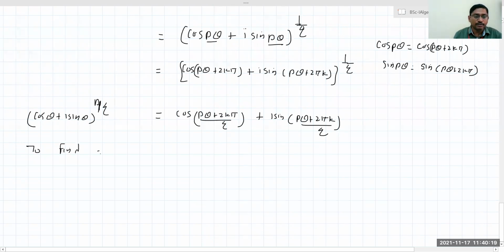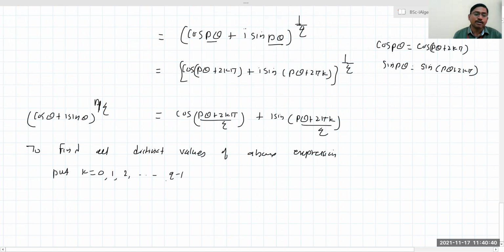How to find all values of this given expression? To find all distinct values of the above expression, we put k equal to 0, which gives the first value, then k equal to 1 gives the second value, then k equal to 2 gives the third value, and since the power is 1 upon q, we'll get a total of q values. When you put k up to q minus 1, you will get the last value. But when you put k equal to q, we'll get the first value again. When you put k equal to q plus 1, we'll get the second value.